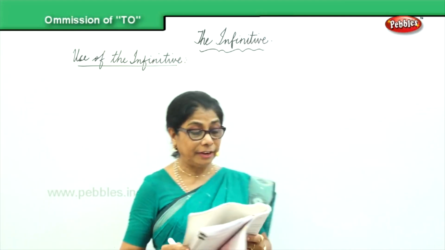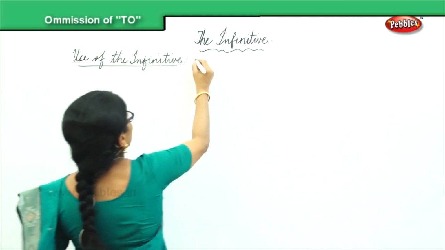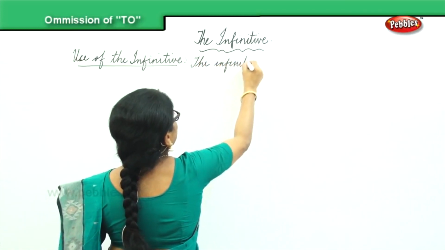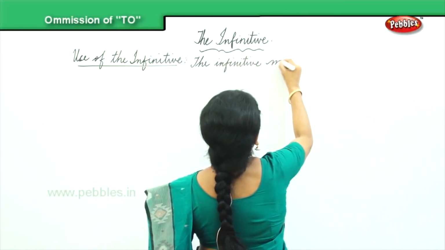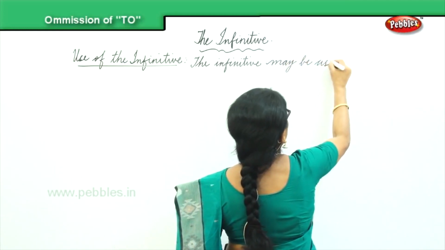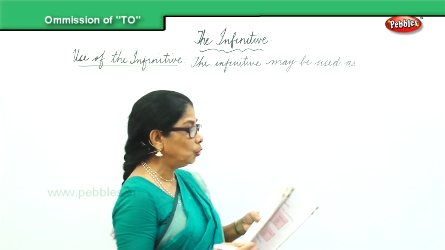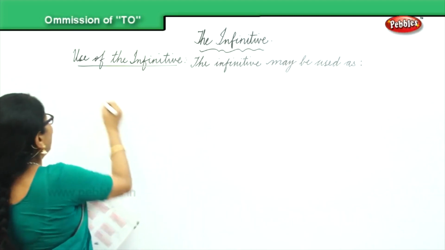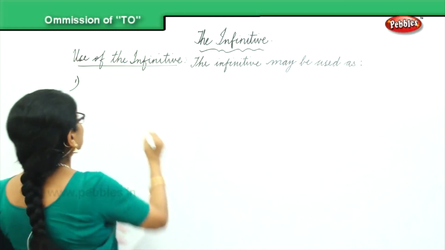In this we have 5. The infinitive may be used as, I told you there are 5 categories. 1, the subject of a verb.